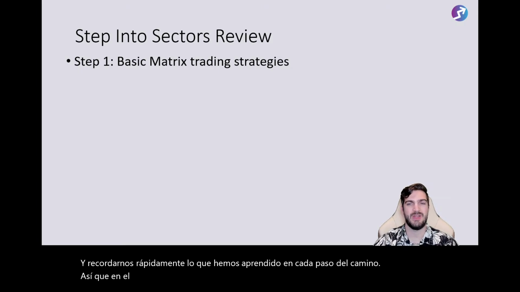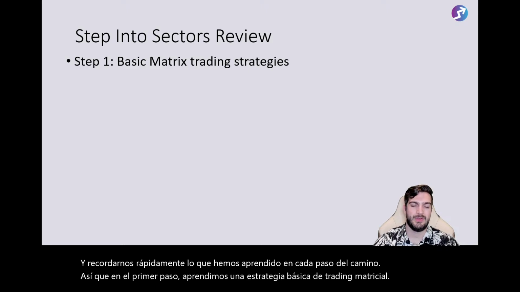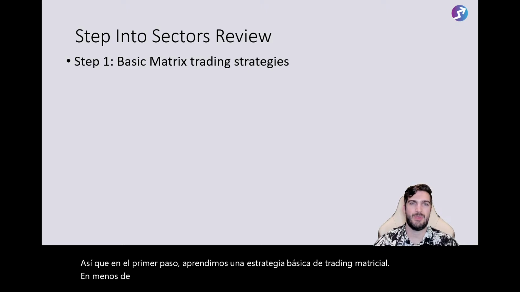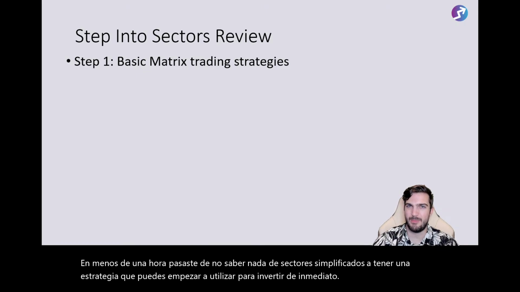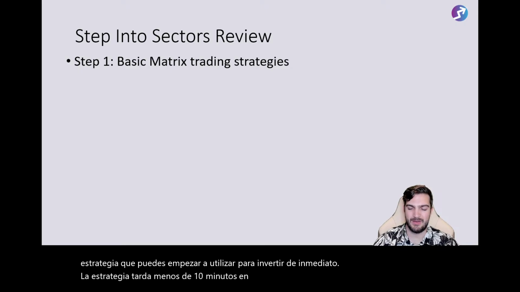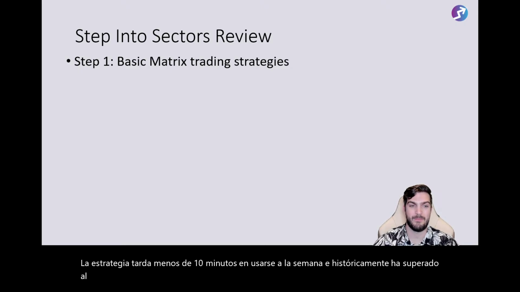So, in step 1, we learned a basic matrix trading strategy. In less than an hour, you went from knowing nothing about Sectors Made Simple to having a strategy that you can start using to invest right away. The strategy takes less than 10 minutes to use a week and has historically beaten the S&P 500, as we just saw.